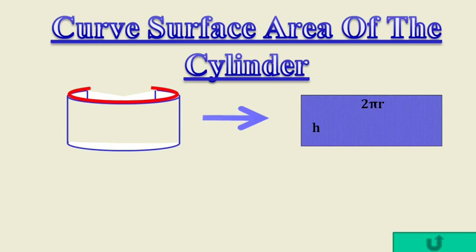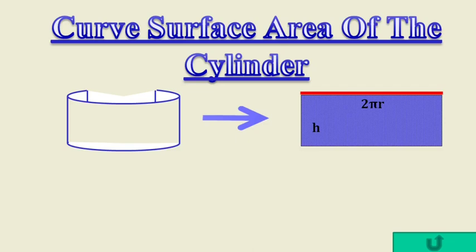And we know the circumference of a circle is 2 pi r. That's why this length of the rectangular sheet is named 2 pi r, because it is the circumference of the circle, or it is the same as the circumference of the curved surface of the cylinder.